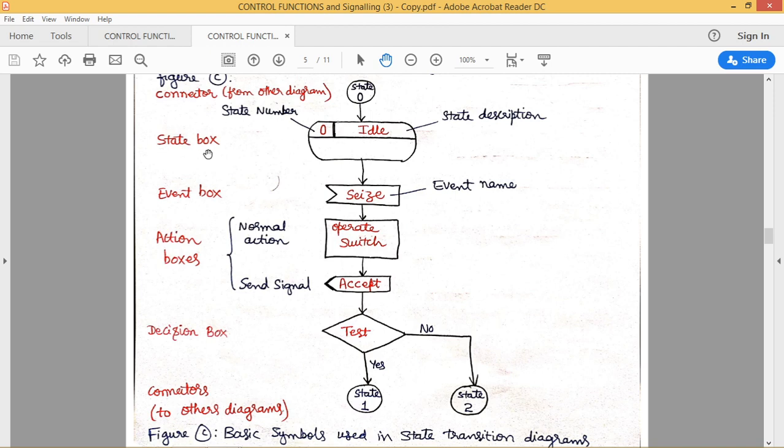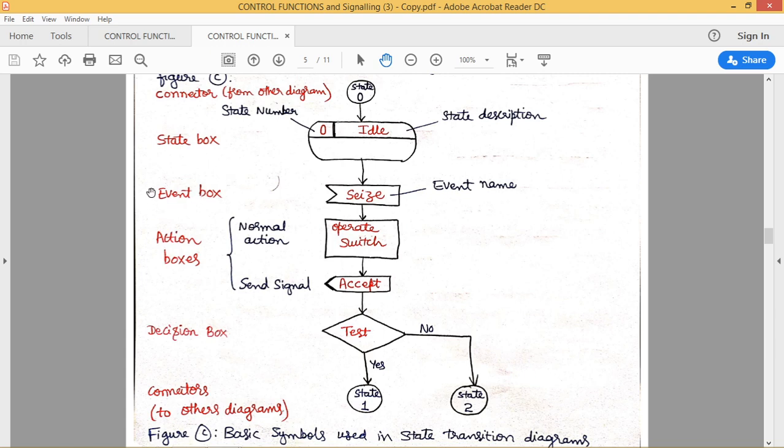Then we will have a state box, which defines the state the exchange is in right now. The state box will have its own state number and its own state descriptor or description. Of course, more information can be written inside this state box if it needs to be displayed.